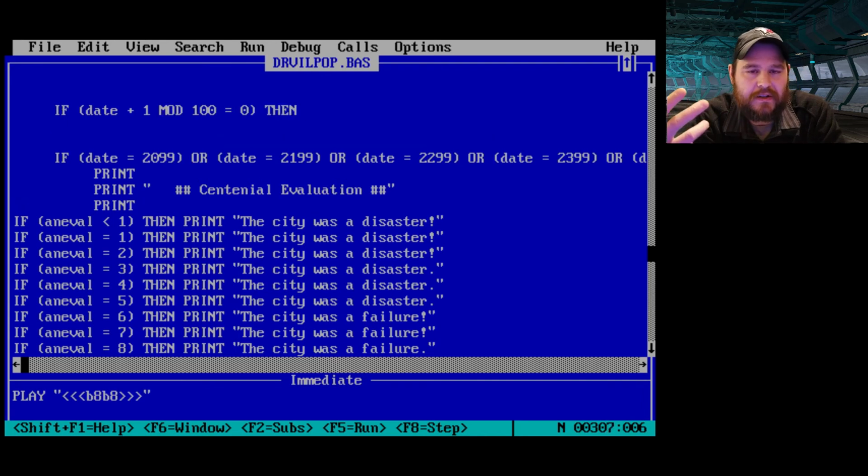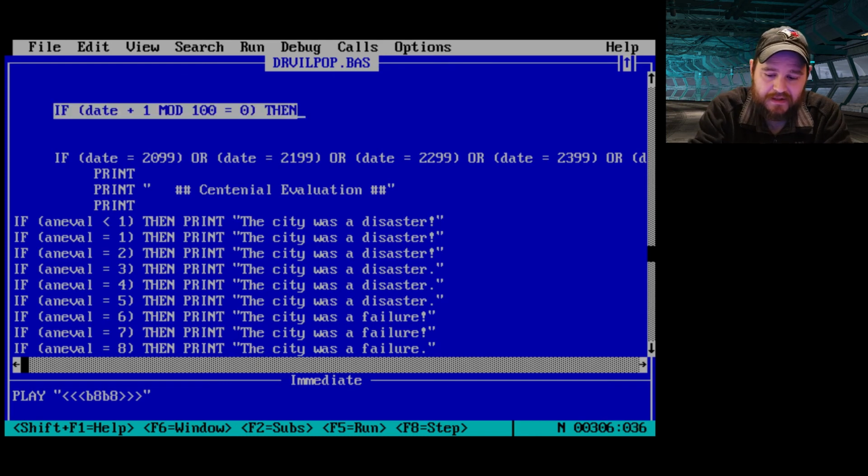And what this is going to do is add 1 to the date, divide it by 100, and check the remainder to be 0. And if that's true, then basically the year ends in 99. So that could have replaced this whole if condition at the top.